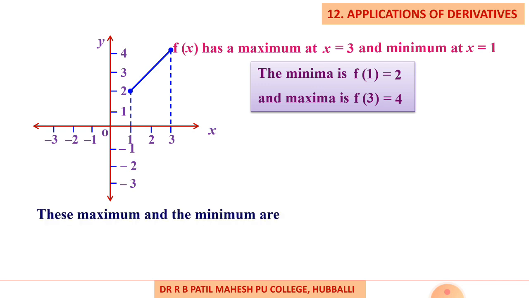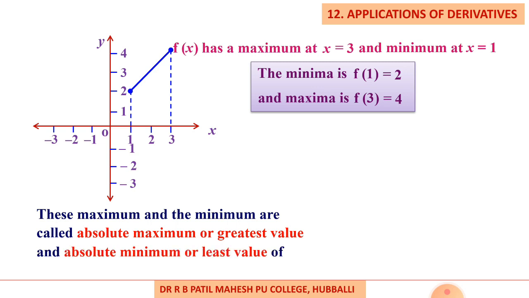Now these maximum and minimum are called absolute maximum or greatest value and absolute minimum or least value. So students, for absolute maximum and absolute minimum, the interval will be given. Then by using that we can easily calculate the absolute maximum and absolute minimum of the function f of x equal to x plus 1.